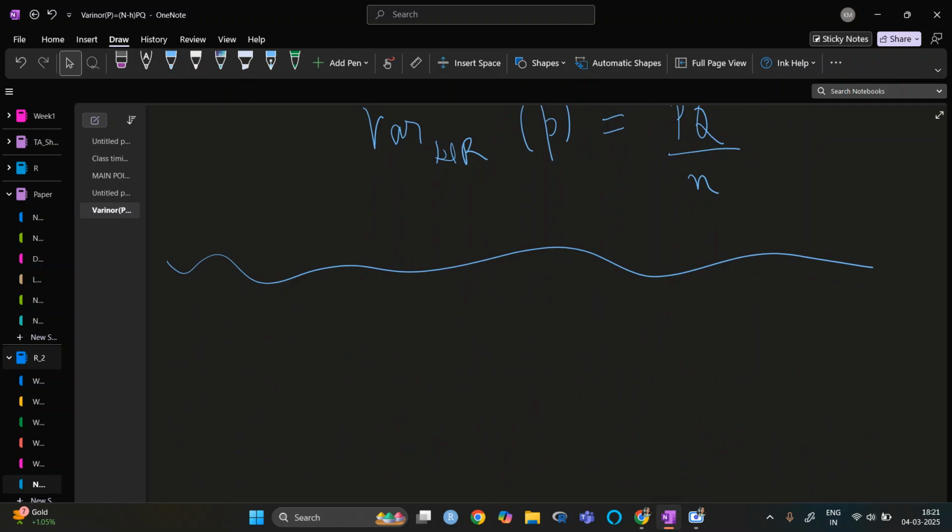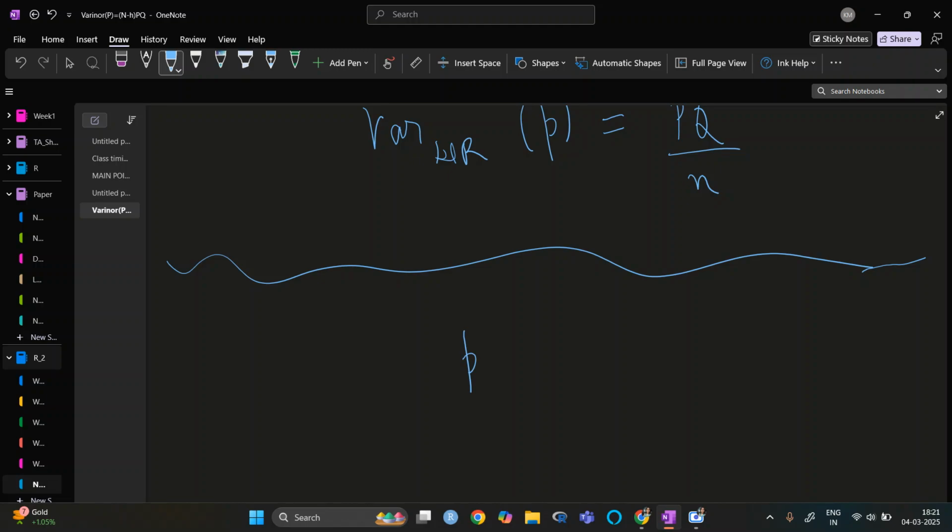So estimation of population total is basically what? What we are saying is that p is the proportion. So basically it is like 40% is agreeing, 60% is disagreeing.